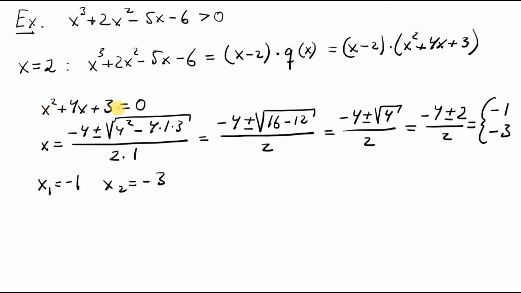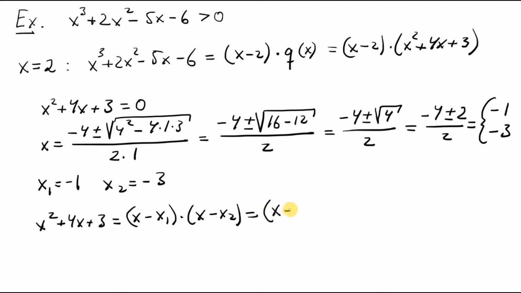Then we know that you can write this one as this, according to the theorem we just saw. And here a is equal to 1, so there's nothing multiplying in front. But in our case, this is minus 1 and minus 3.